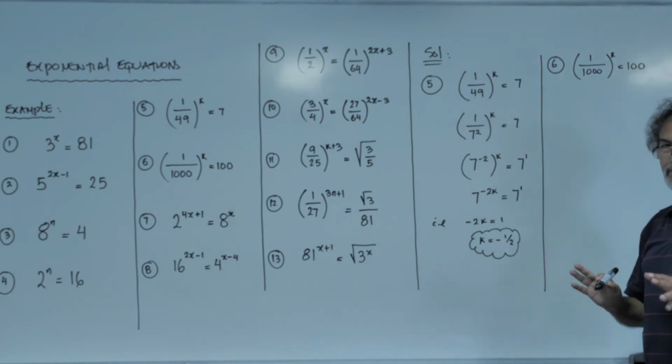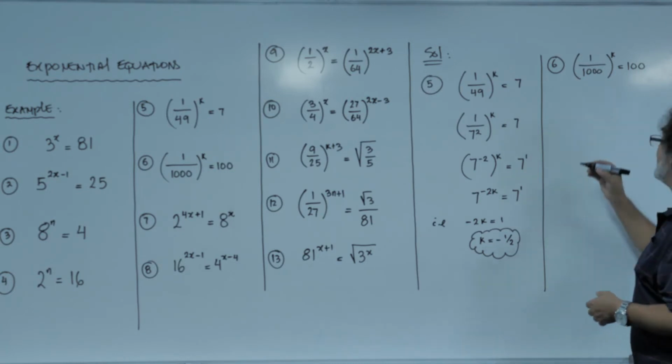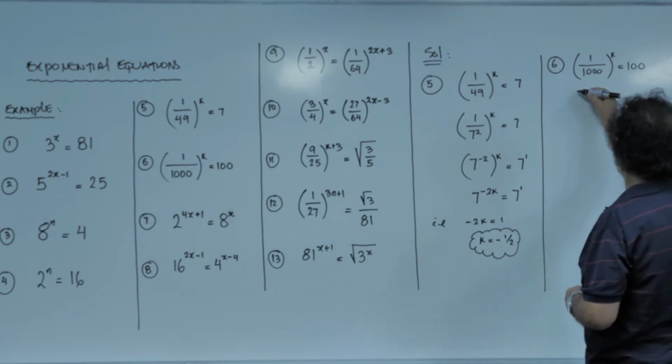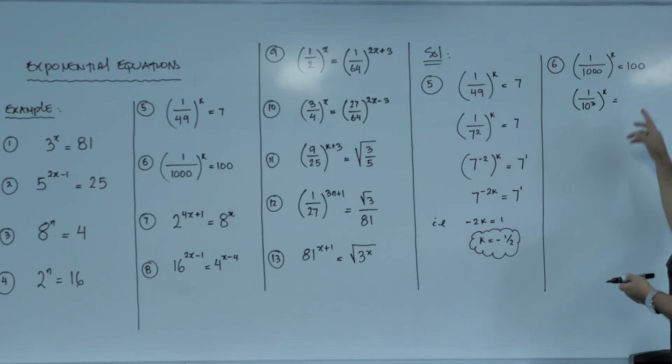What should I do first? Change the 1,000 to 10 cubed. Yes. Okay, so we're going to express 1,000 as a power of 10. So you're going to do 1 over 10 cubed. Also, you're going to express 100 as a power of 10, so it's going to be 10 squared.